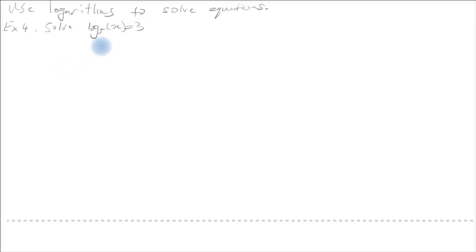So what we're doing with this fairly basic example here is we're going to change it into exponential form. What I'm going to do is take the exponential of these. So I'm going to do 5 to the power of this side and 5 to the power of that side.